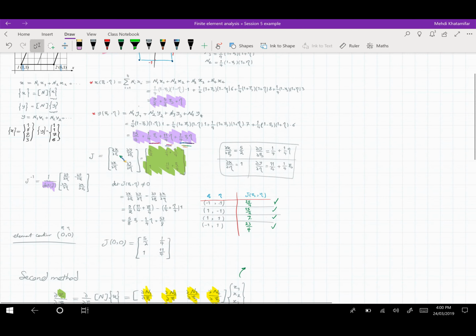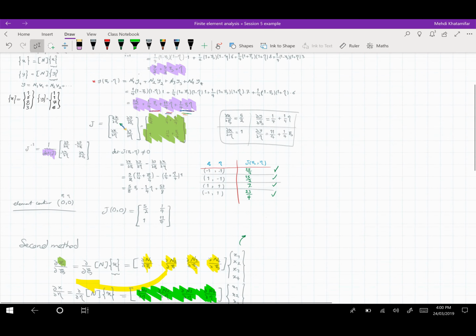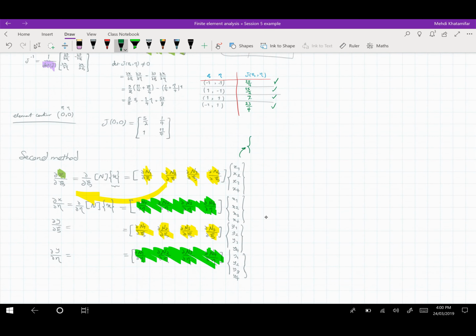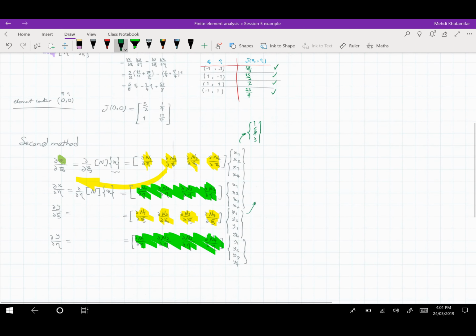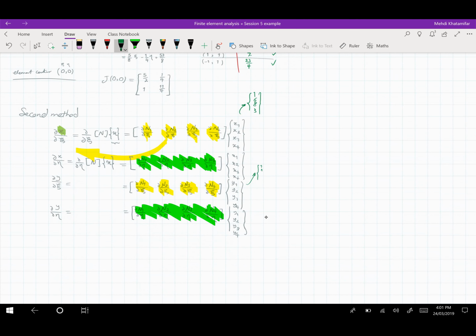Here. x1 was 1683. These are nodal values, and this one is 1176. So these are the constant numbers we have. The major work we need to do is finding the derivative of n over eta and psi, and then finish it.